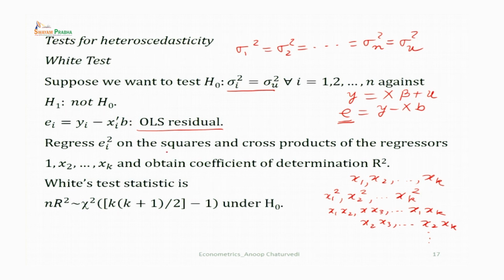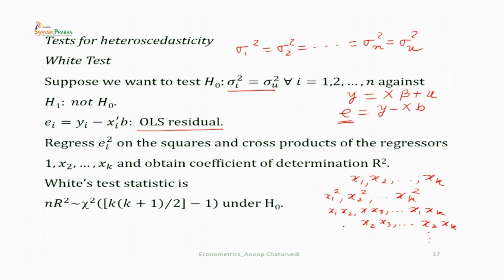So, basically we take all the squares and cross products of these regressors, and we run regression of e i square on all these squares and cross products of the regressors.